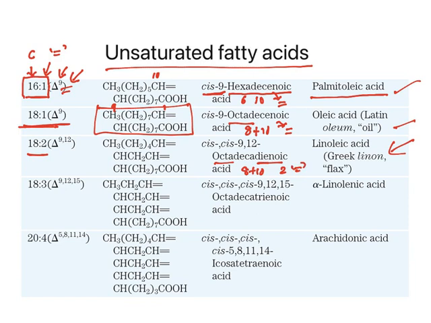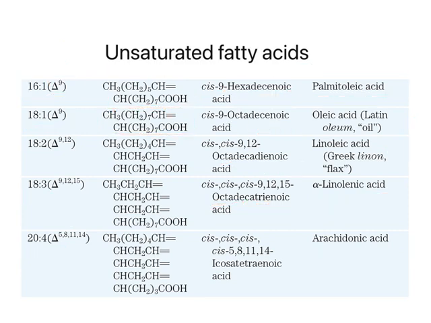This is how the systematic name is given. Whereas 18 carbon with 3 double bonds is alpha linolenic acid, octa again 8, deca 10, trienoic, 3 double bonds. And then 20 carbon is known as arachidonic acid with 4 double bonds at 5, 6, 8, 9, 11, 12 and 14. Just go through the slide again, you will get a clear understanding of how the name is given and how it can be written.